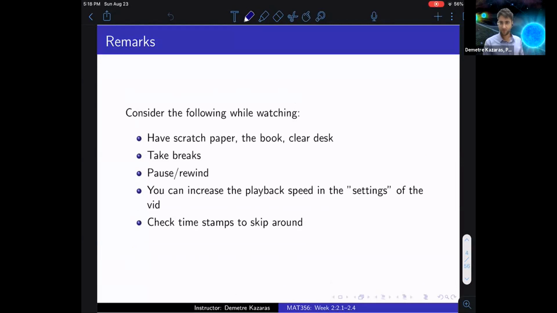Some people like that and go more quickly. Also, I'll have some timestamps in the description below the video, so you can jump around, maybe skip working out an example that you don't need to see, or go to a particular section you'd like to hear about.